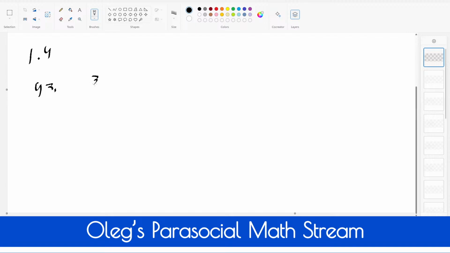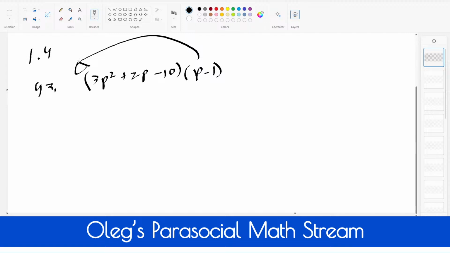We have 3p squared plus 2p minus 10. We can flip them around. I can move this to there. It doesn't matter, but just to show you that either way it works, we can multiply this out. 3p to the third power times negative 3p squared.